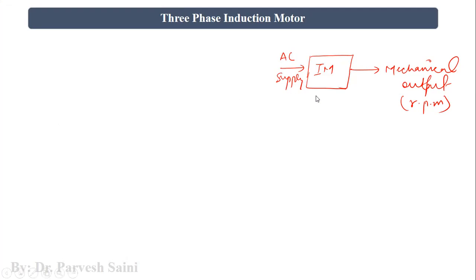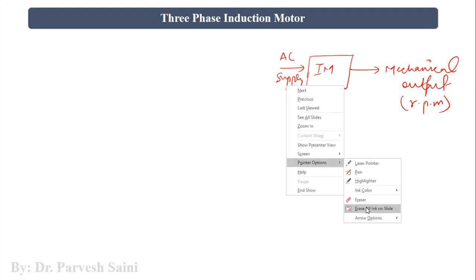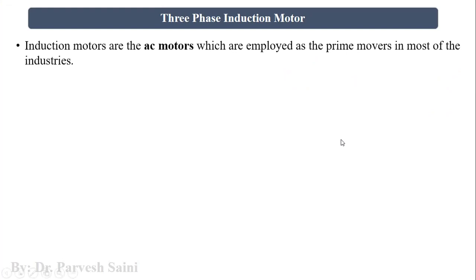Now, this type of motor is a very important motor as far as industrial applications are concerned. These motors are actually used as the prime movers in most of the industrial applications. Prime mover here means the prime element.